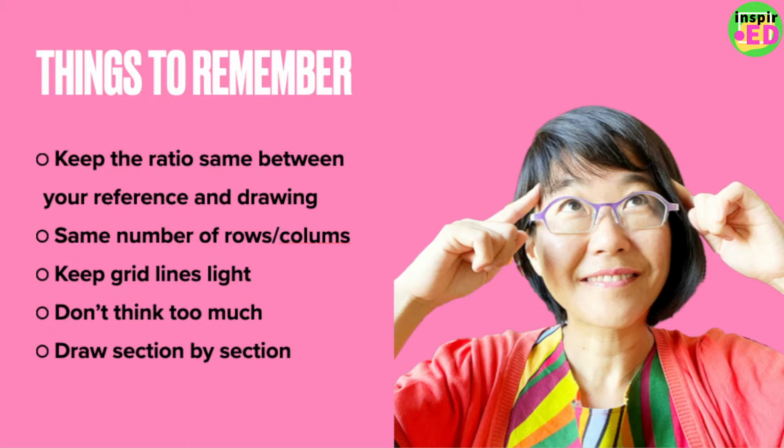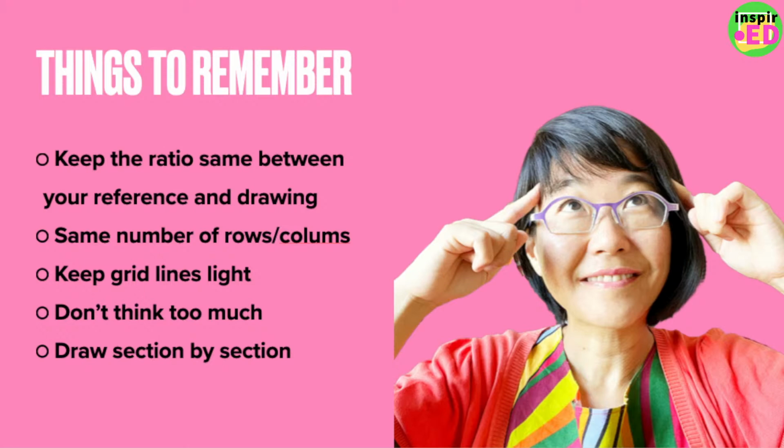Keep the ratio of the original format of the reference to the paper, or if you have a certain ratio that you want to work with, like I did with the square, you cut the reference into the ratio, whichever you want to do, but keep that between reference and drawing.